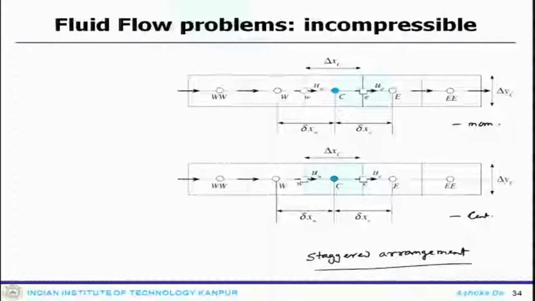As you can see, the velocities are typically stored at the faces. So, I am interested in this particular cell and the velocities are defined or stored at the faces.